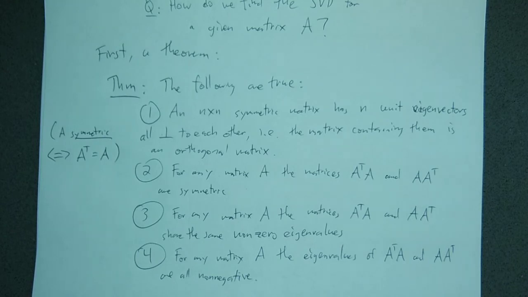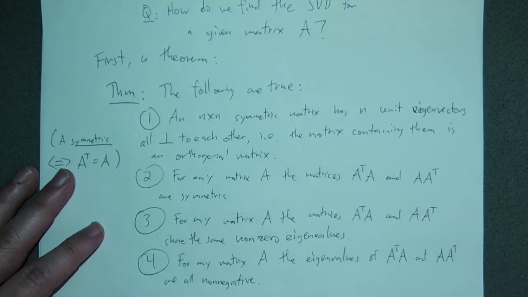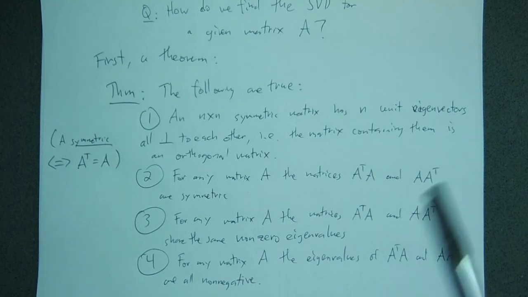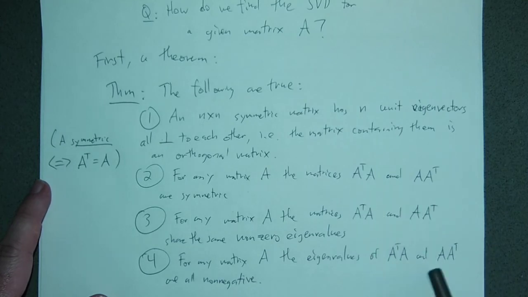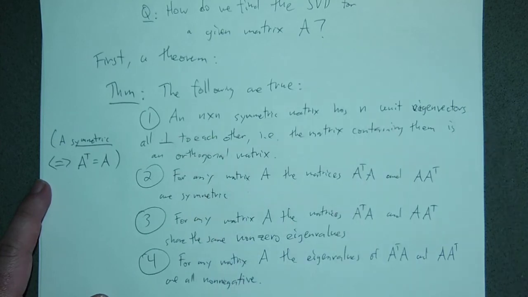All right. So here's the setup. So then how do I compute? How does this help me compute the singular value decomposition? You might guess that I'm going to take my matrix A and form these matrices that are symmetric and use number one to tell me some nice stuff about them.